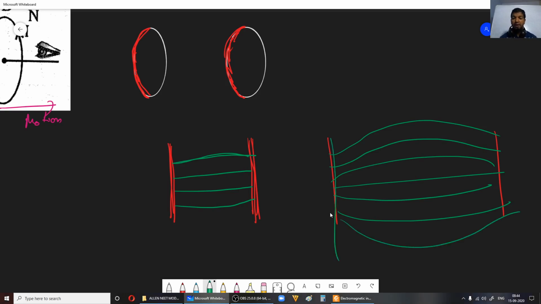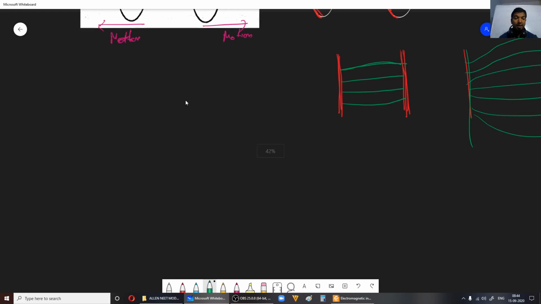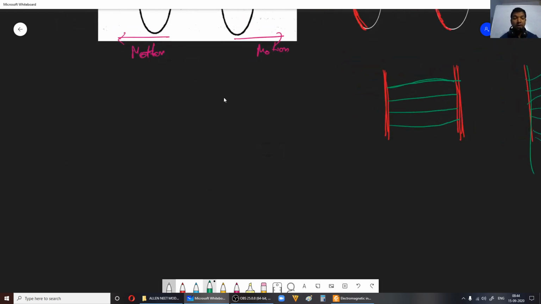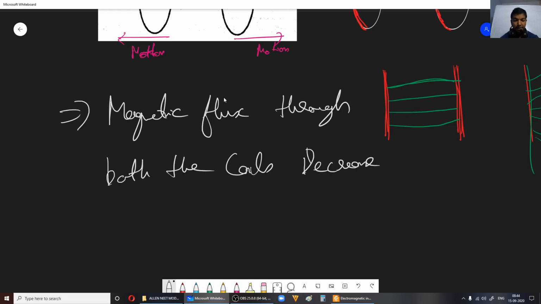Right, so naturally the magnetic flux through both these coils will actually decrease. You can write that: magnetic flux through both the coils decreases.